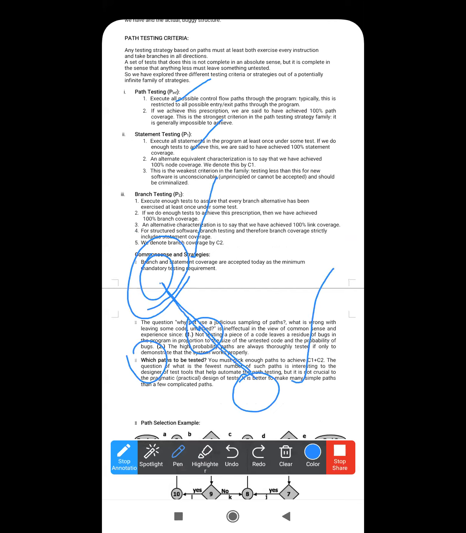If I have another one, this is another path for path testing. Okay, 100% it starts from the starting point to the ending point. The path is to be cleared while doing path testing.